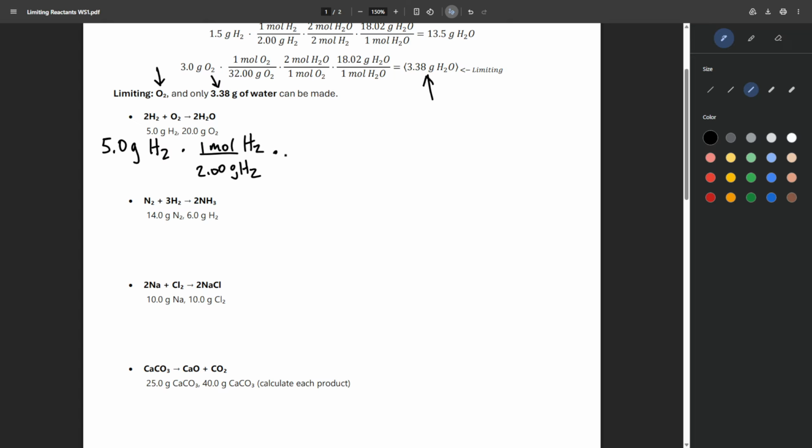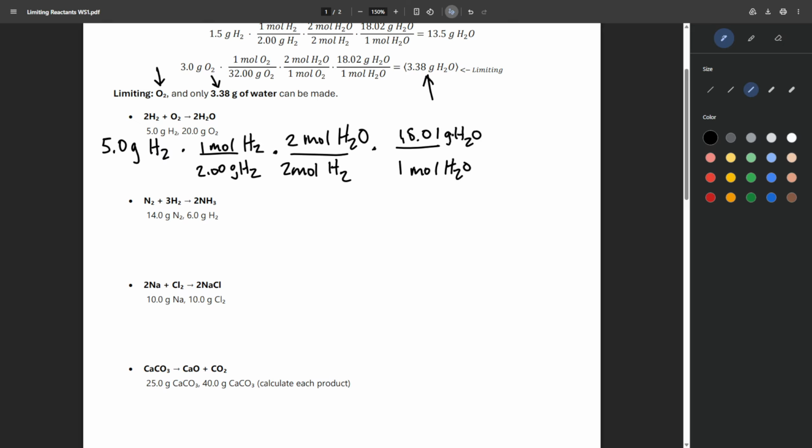Then we're going to multiply by the reaction ratio. So it's a 2-to-2 ratio. So 2 moles of hydrogen get us 2 moles of water. And then finally, we'll multiply that by 1 mole of water for every 18 grams of water.